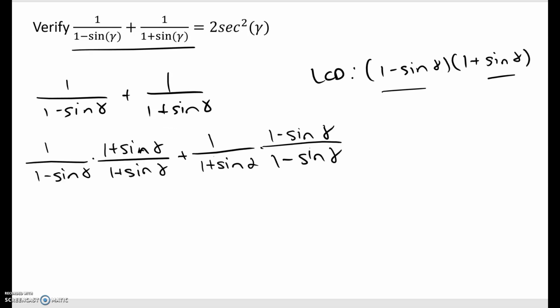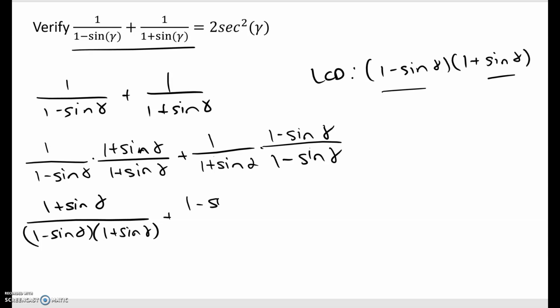Like this right here. So now I've got 1 plus sine of gamma over 1 minus sine of gamma times 1 plus sine of gamma, plus 1 minus sine of gamma over 1 plus sine of gamma times 1 minus sine of gamma.